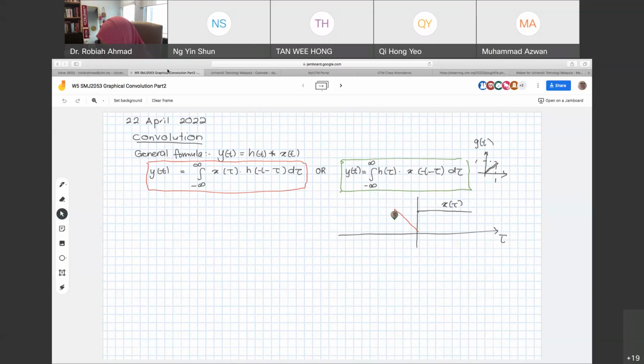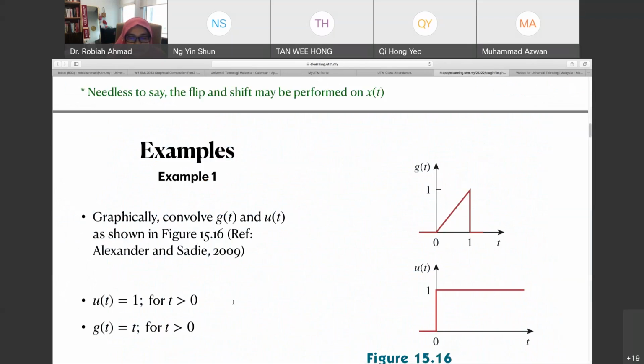So this will be h(t minus tau). Okay. So step 1, 2, and 3.